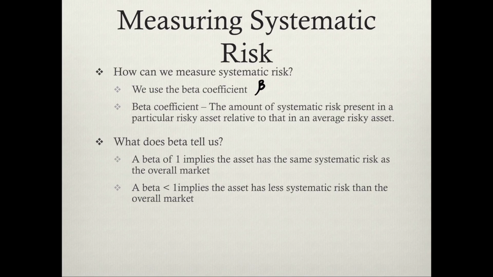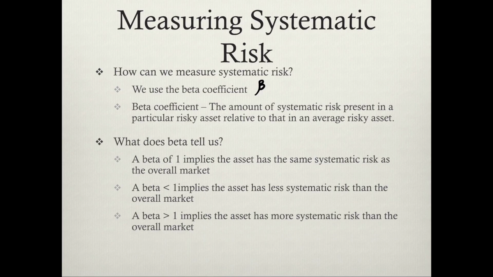So it does not fluctuate in price as much as whatever that market index is that's being used. And then a beta greater than 1 implies that the asset has more systematic risk. So it's more volatile than the market as a whole. So with beta, it's really just telling you how much a stock's price moves in relation to some market. And by market, typically it's some type of index.